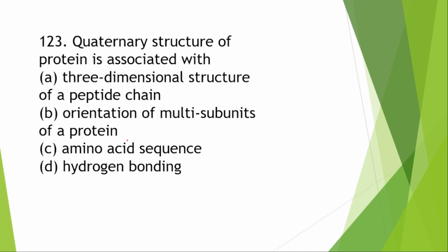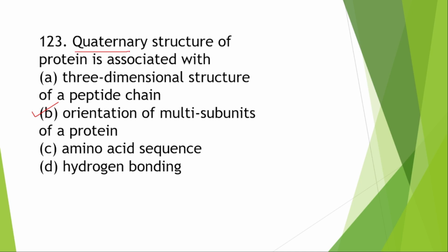123. Quaternary structure of protein is associated with 3-dimensional structure of the peptide chain, orientation of multi-subunits of a protein, amino acid sequence, and hydrogen bonding. So here the right option is B, orientation of the multi-subunits of the protein. Primary structure, here he is asking quaternary, isn't it?